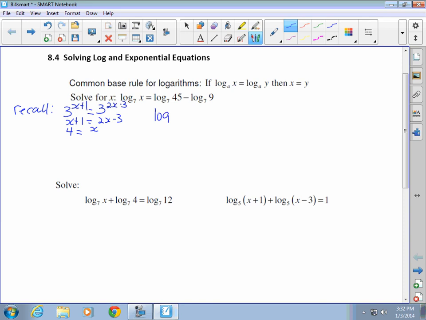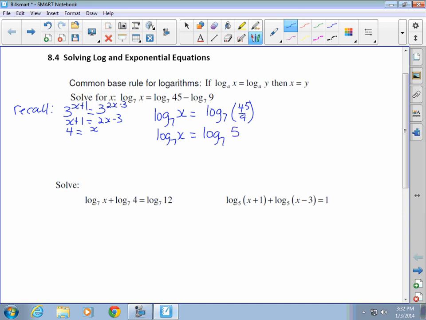Using my quotient rule, this would be the same as log base 7 of 45 divided by 9. So you have to simplify first before you can solve. So this would be log base 7 of x is equal to log base 7 of 5.